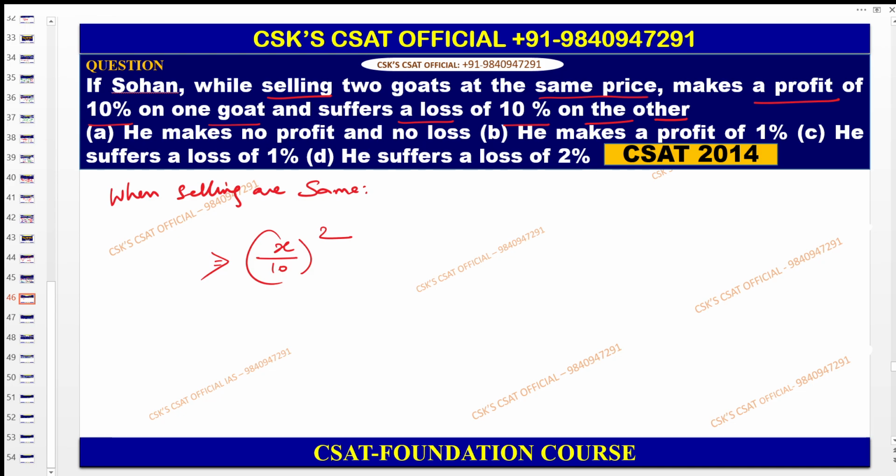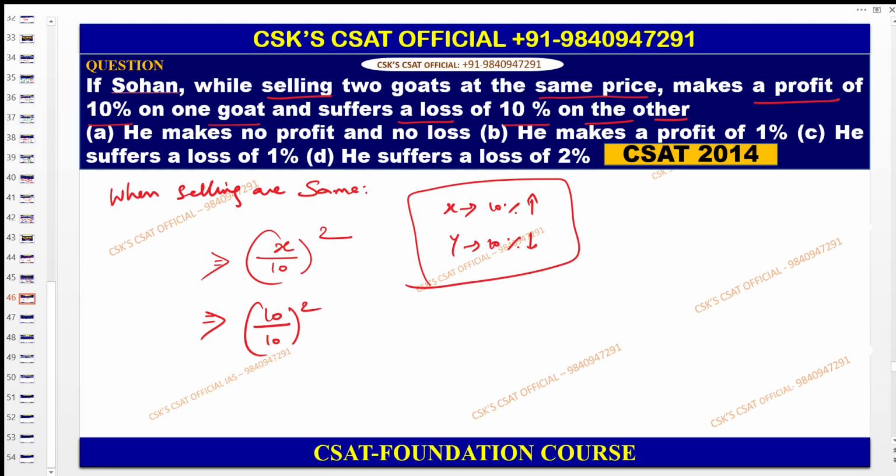All this we have done in the concept classes during the foundation itself, right? So x here is 10, so 10 by 10 the whole square. Always remember, when one gives you profit and another gives you loss with the same percentage, the overall result is a loss only, always.